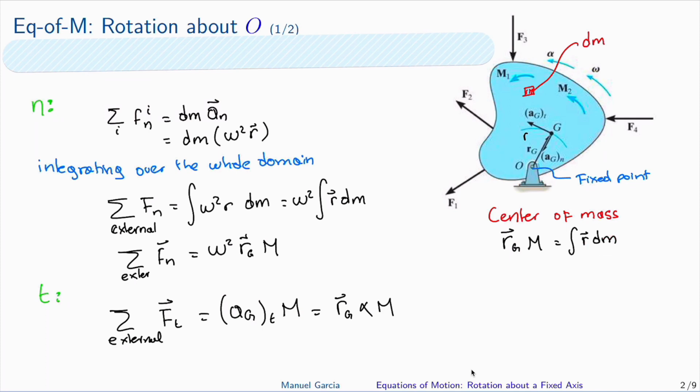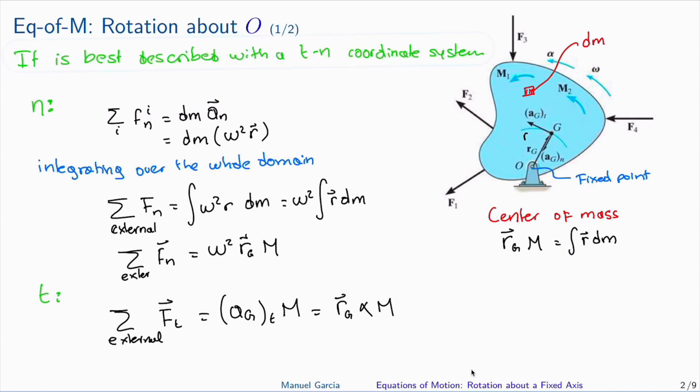If we sum over all the different particles that we have, that's the integral because the system is continuous. So we have that this average is equal to the position Rg, which is the position of the center of mass, multiplied by the total mass. This is our definition of the center of mass. It's a point representing the mean position of the matter as we concentrate all the matter in this point, and the point is called G.